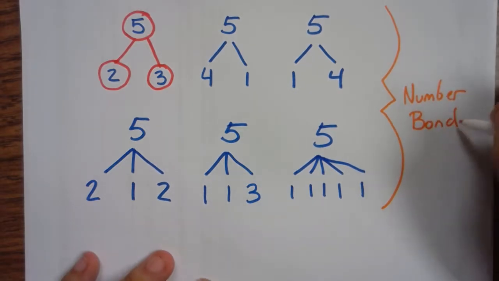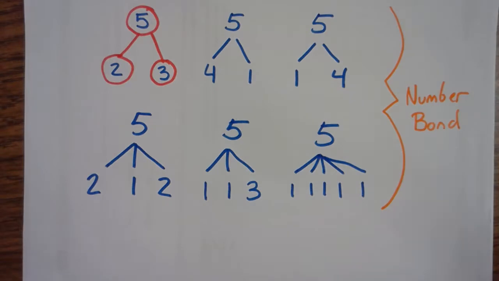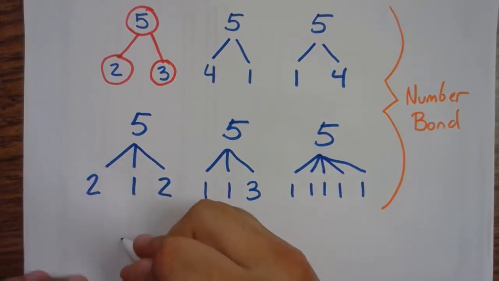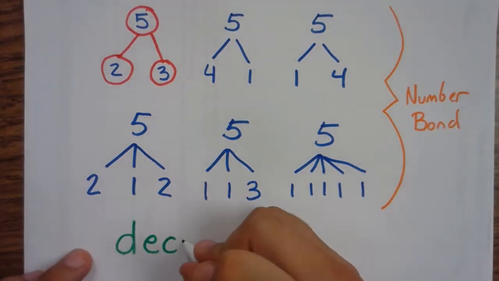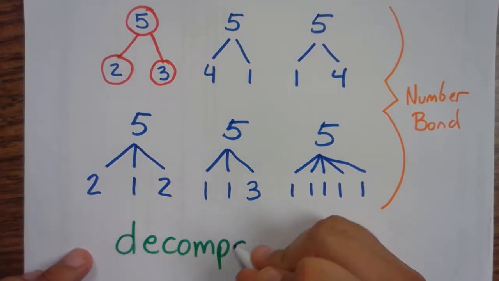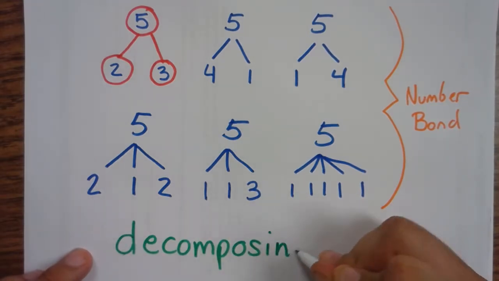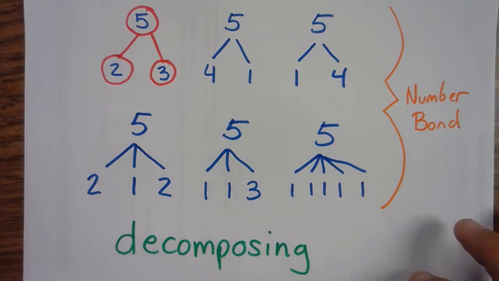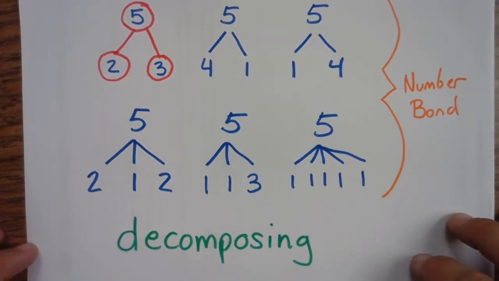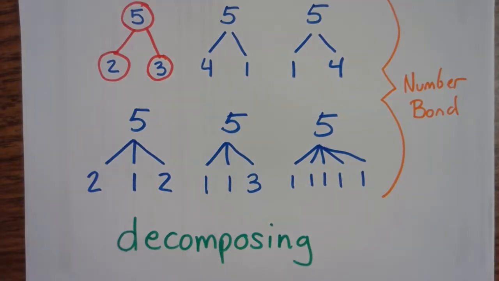But the overall process, whether I'm drawing it out this way or anything else, the overall process of breaking up a number into smaller parts is called decomposing. You heard me mention that a moment ago. And it makes sense because, of course, when we're talking about decomposing leaves in our yard, they're breaking down into smaller parts.